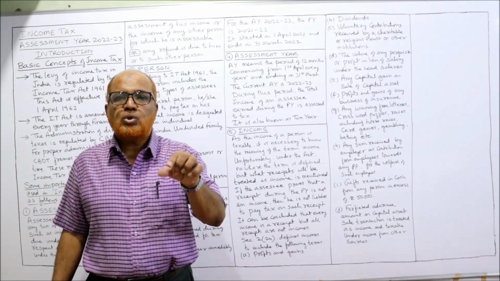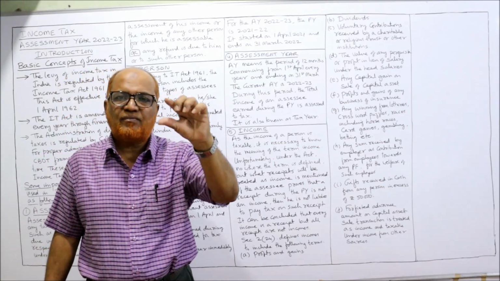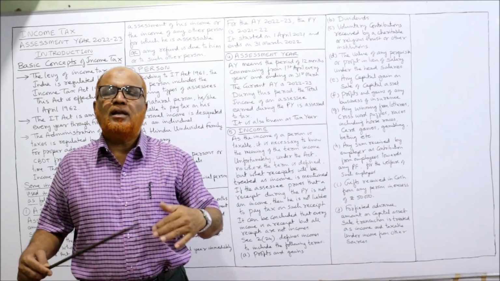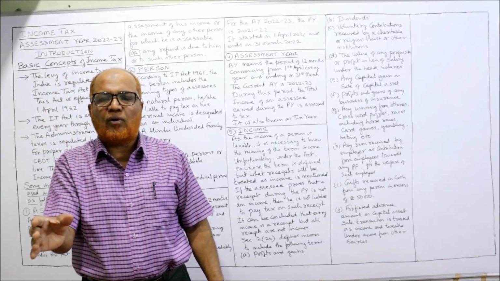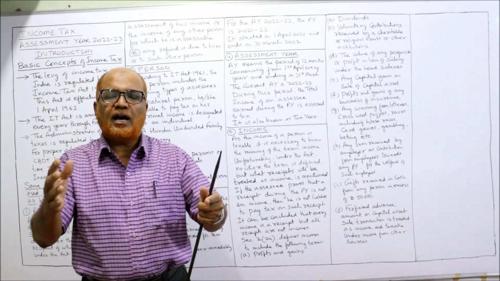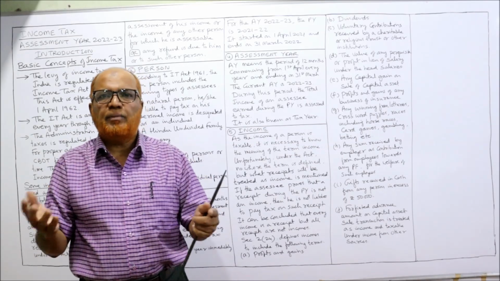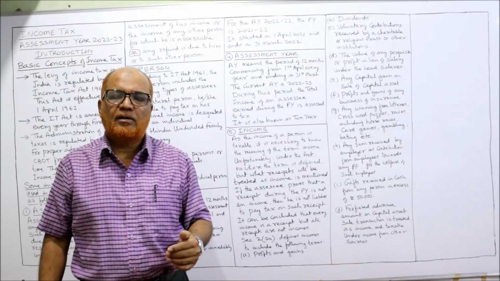But unfortunately, the Income Tax Act has not given a specific definition of income. It has given only an inclusive definition. It says income includes the following. That means any other item may also become income because it has given only an inclusive definition.